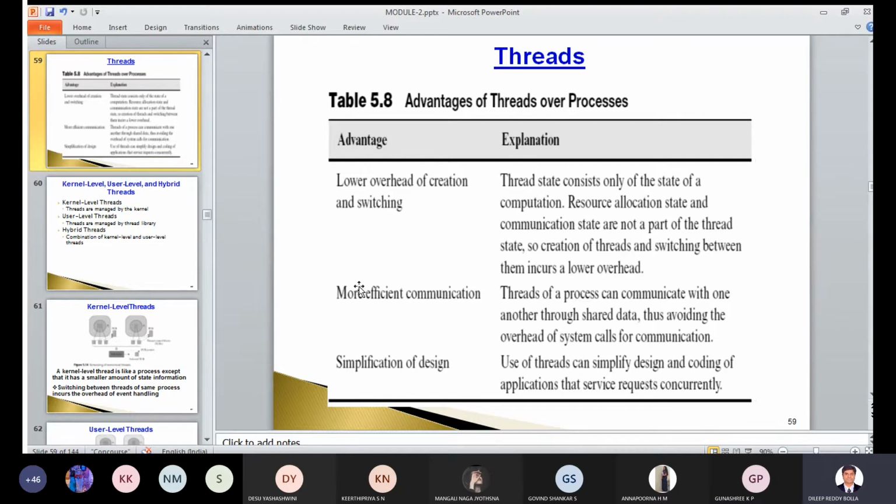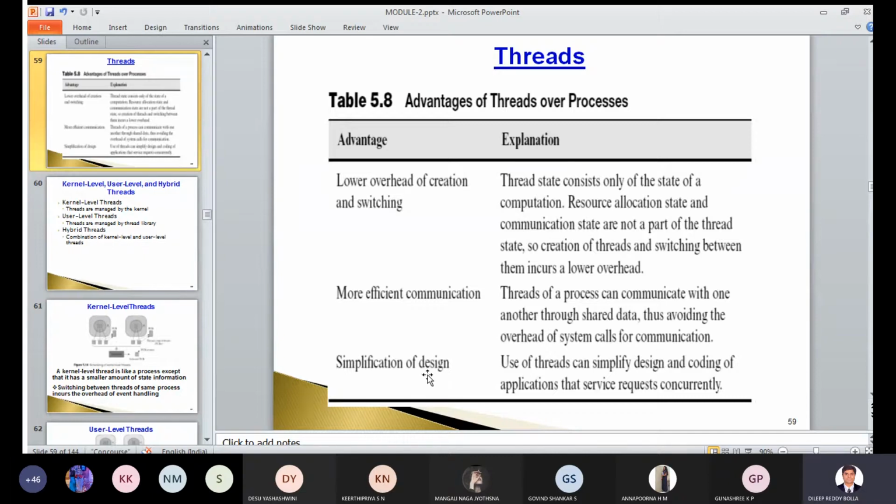How are we able to communicate effectively? Threads of a process can communicate with one another through shared data, as they have shared data among themselves. Because of that reason, we can avoid the overhead of the system calls for communication. Okay, as we have common resources, we can communicate effectively.